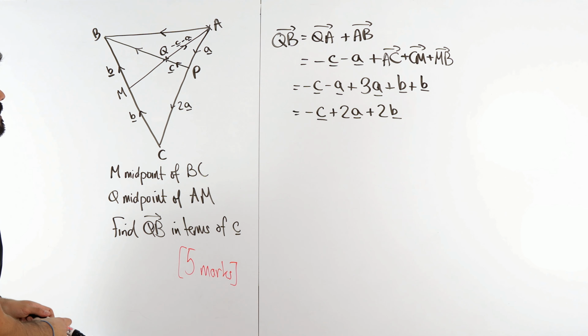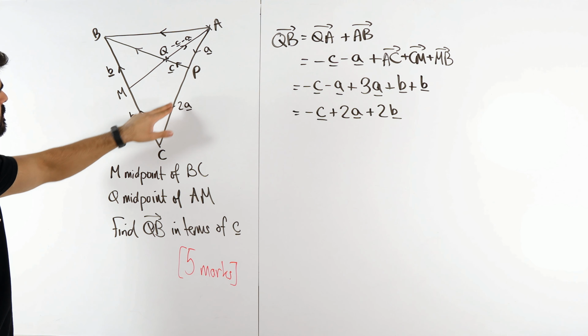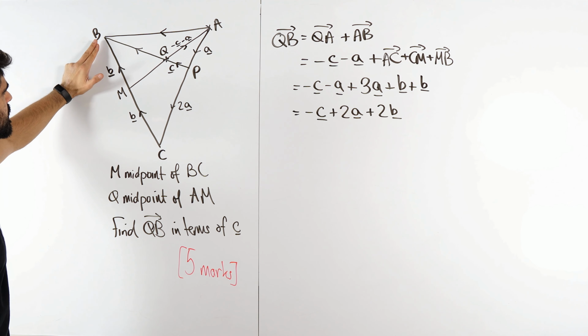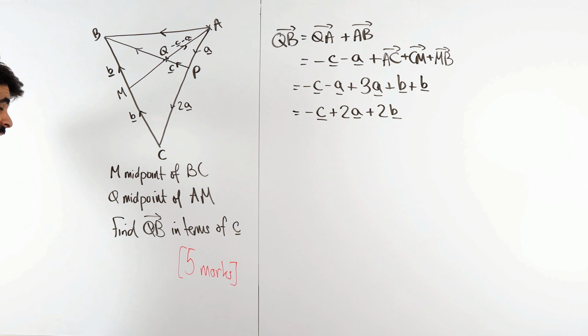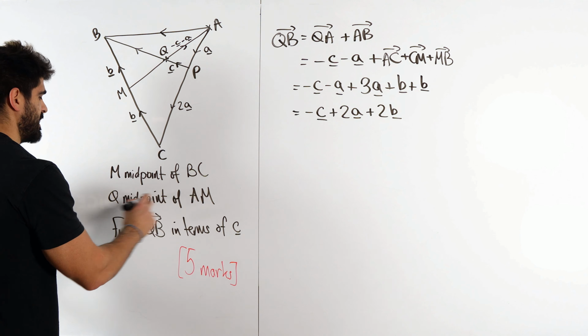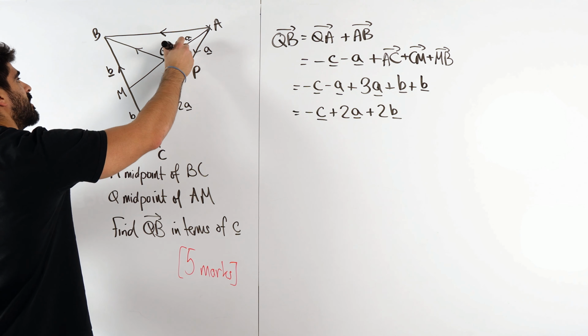My other temptation is to... ooh, I noticed something. 2A plus 2B... Oh, no, wait. No, that's obvious. Now we're going to write this only in terms of C is the question. It did say that QA... We didn't really use that Q is the midpoint of AM, right?